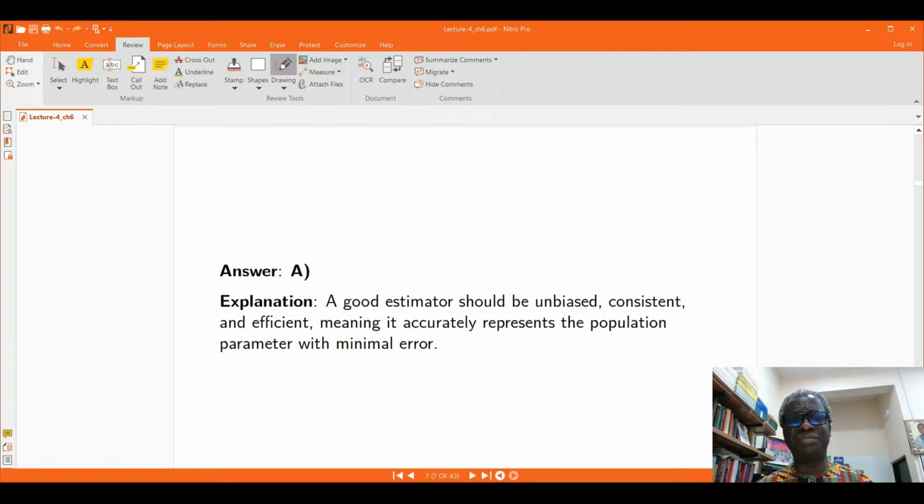What that means is that the estimator accurately represents the population parameter with very minimal error. Not that there is zero error, but the error is very small.